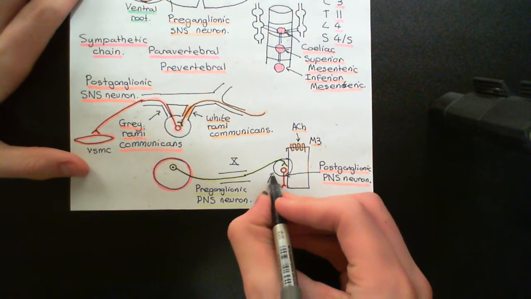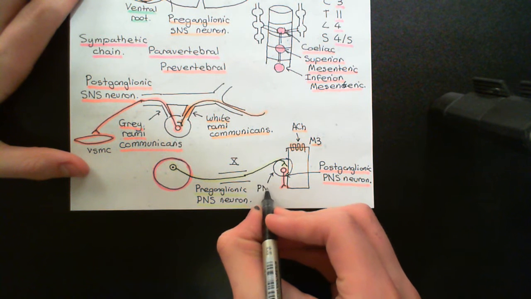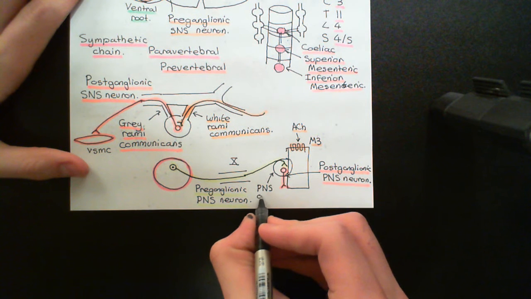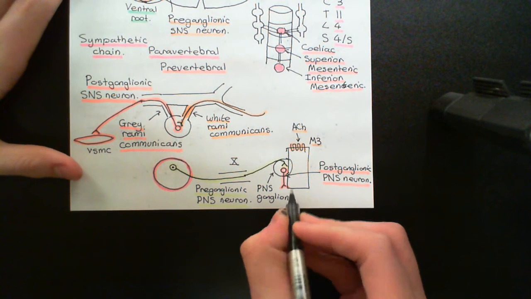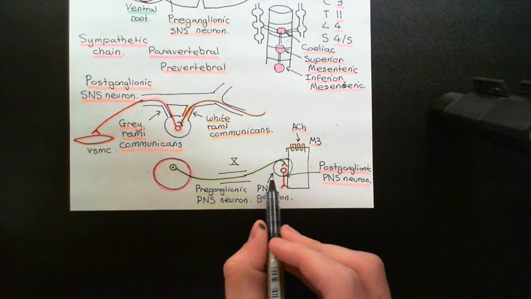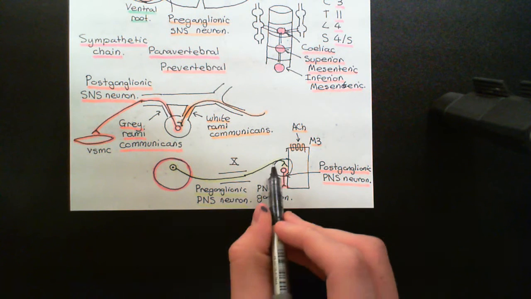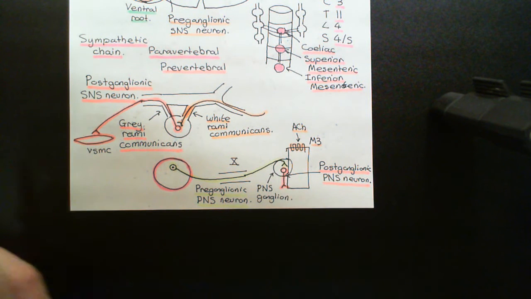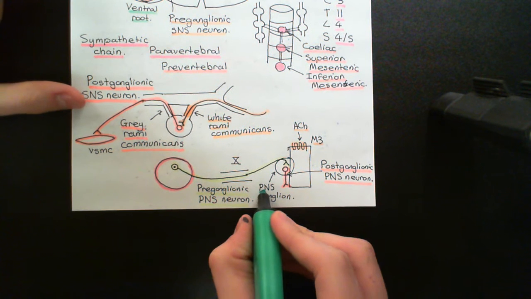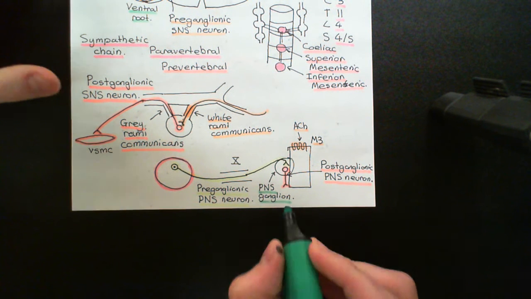So this can be one of these tiny little parasympathetic nervous system ganglia here. Okay, so this is a PNS ganglion, and there will be multiple synapses occurring in there, so multiple preganglionic parasympathetic nervous system neurons will be synapsing onto their postganglionic ones in this little cluster here, but they're tiny compared to the sympathetic ganglia in the sympathetic chains.